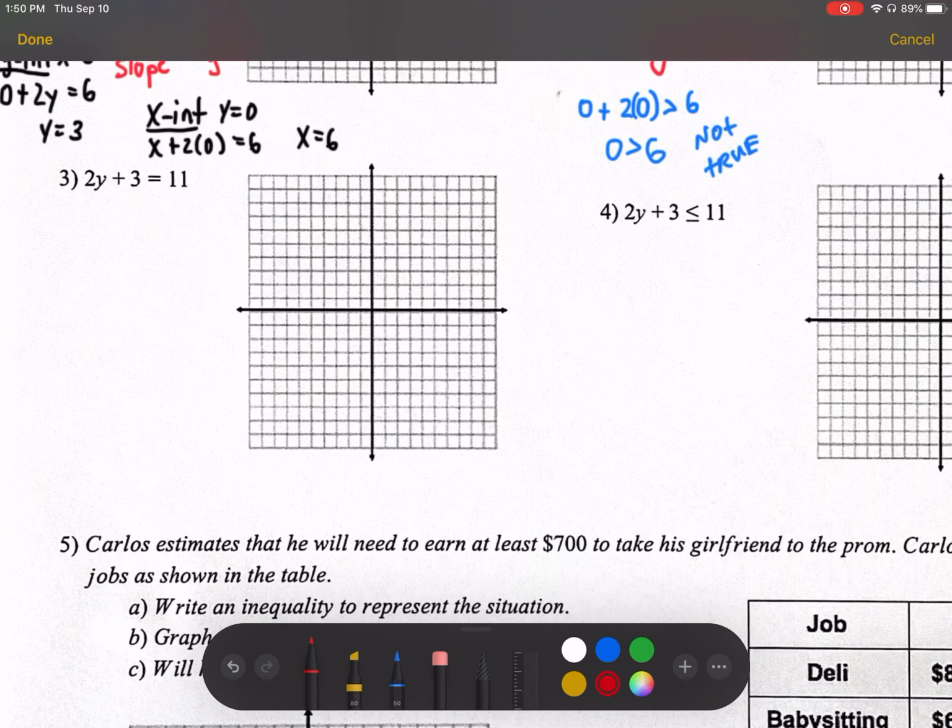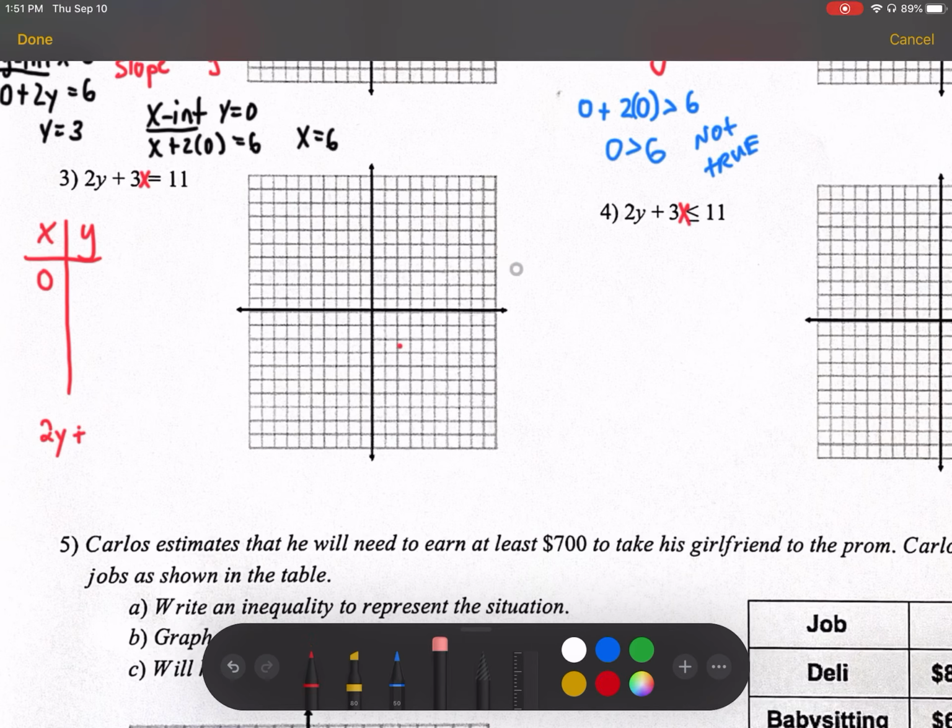So for purposes of just practicing, let's make a table on this one. So we have 2y plus 3x equals 11. So let's say we have an x value of 0. So we have 2y, I failed to put the x. There should be an x there.